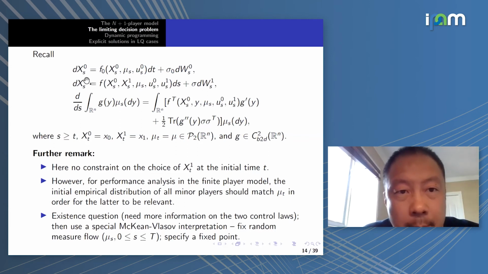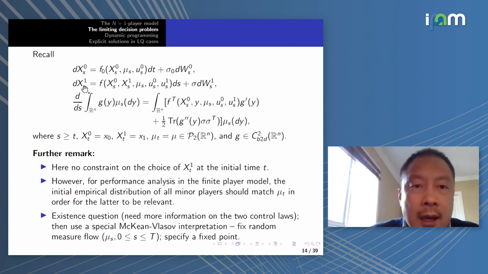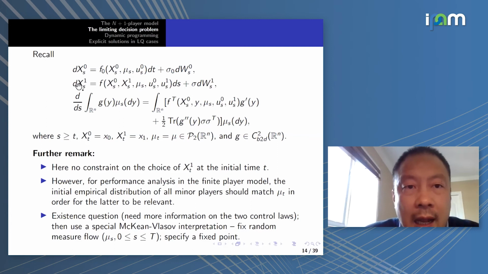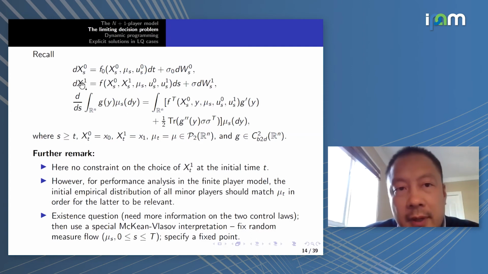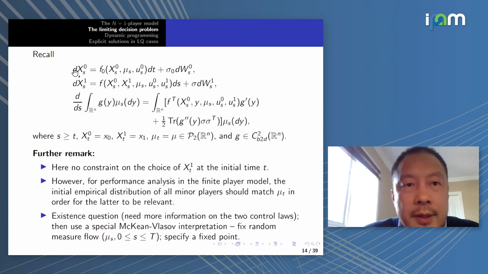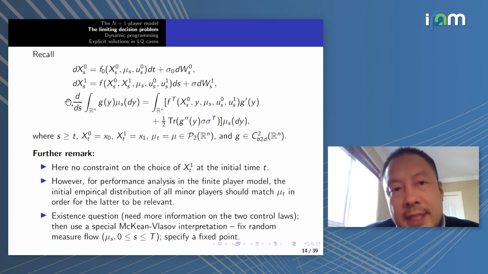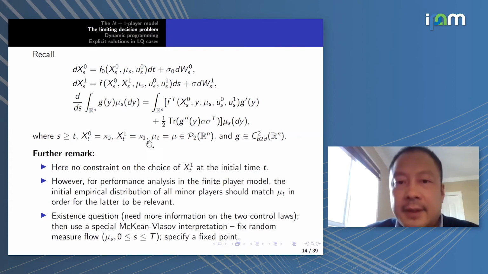It has complete freedom. We need to do this because in the end we want to apply dynamic programming. As many of you know, when we use dynamic programming to solve stochastic control problems, we want to check all possible initial paths for the initial time and the initial state vector.